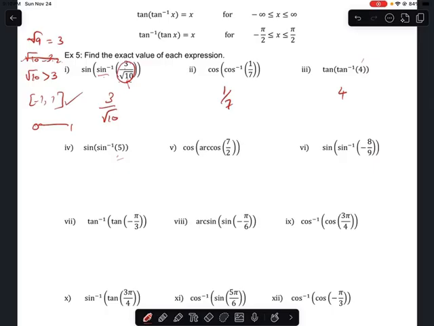So square root of 10 will be 3 point something, and I don't even care what it is. I just want to know that square root of 10 is greater than 3. If 3 is being divided by a number greater than 3, the answer will be less than 1. So this number is between 0 and 1, which is okay. Therefore the answer to this expression will be 3 over square root of 10.